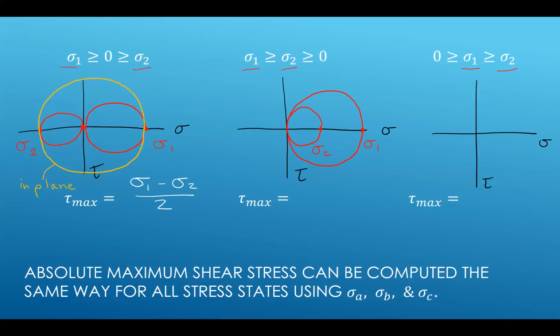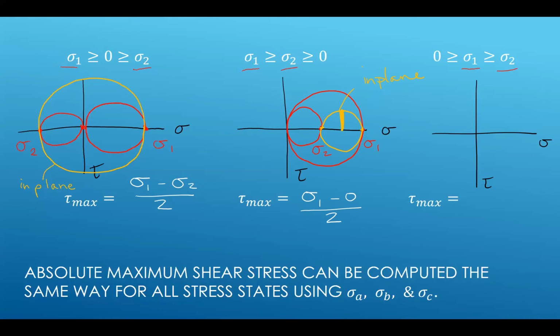But our in plane rotation is now contained inside. This is our in plane rotation. So this radius here is what we previously considered to be our maximum shear stress. But you'll see that the absolute maximum for this scenario is sigma 1 minus 0 over 2, or just sigma 1 over 2.